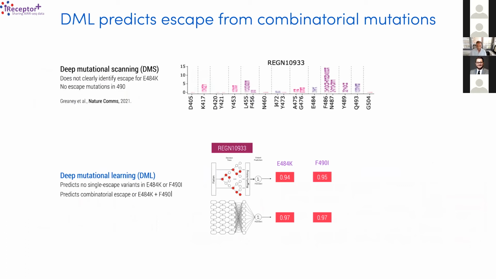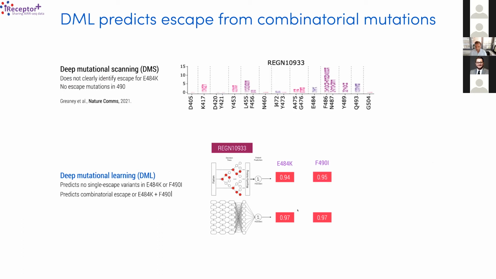Well, if I plug these 2 mutations into both the random forest and RNN models, these high values indicate that these mutations do not escape Regeneron 10933. That's completely consistent with the data from the DMS, okay?